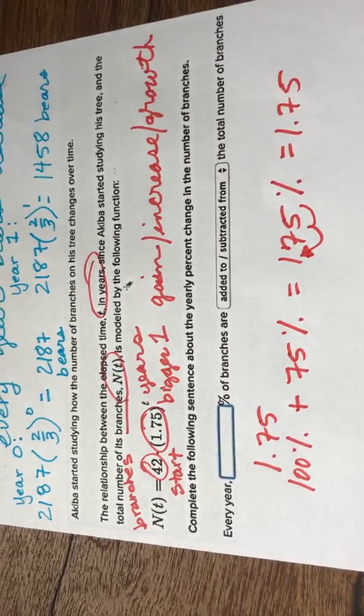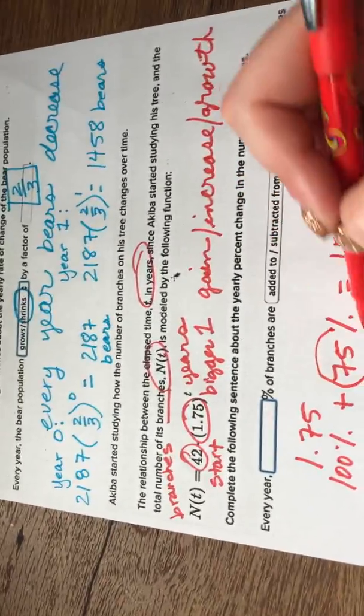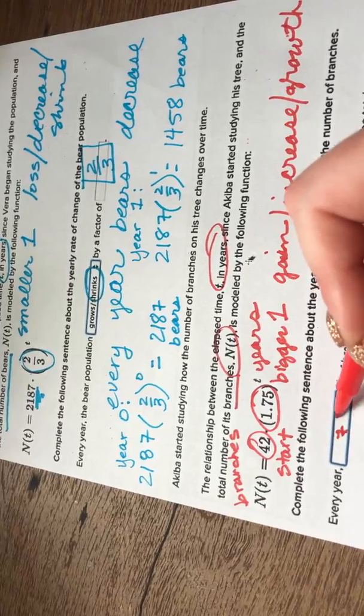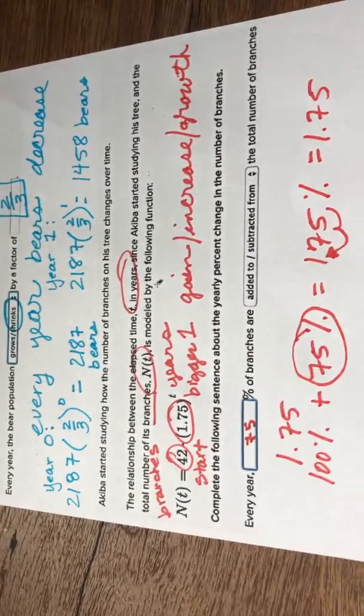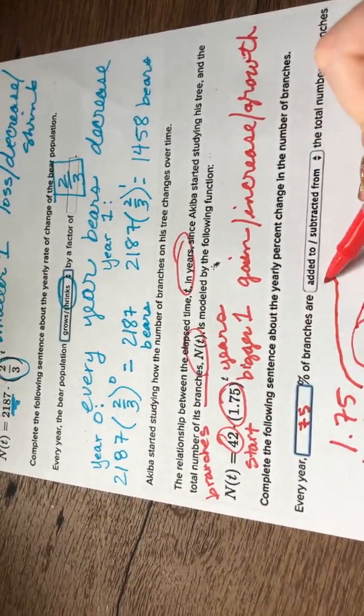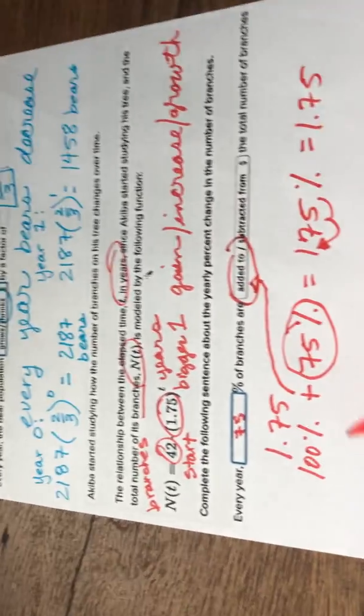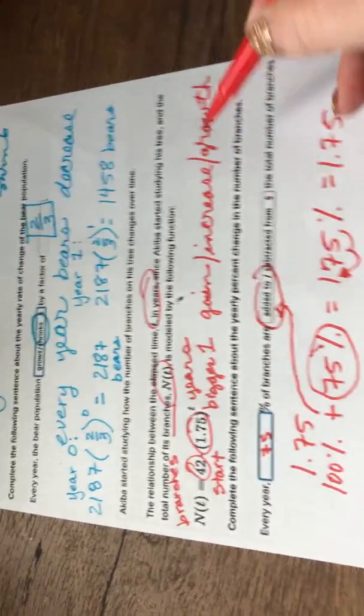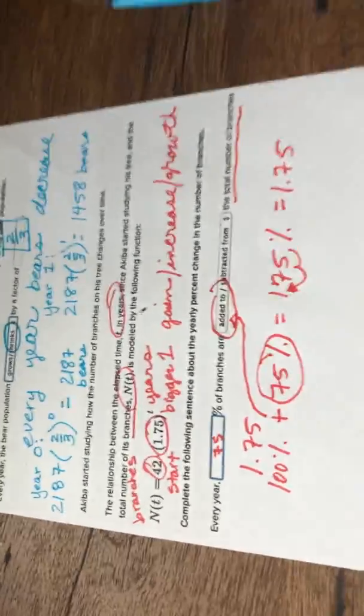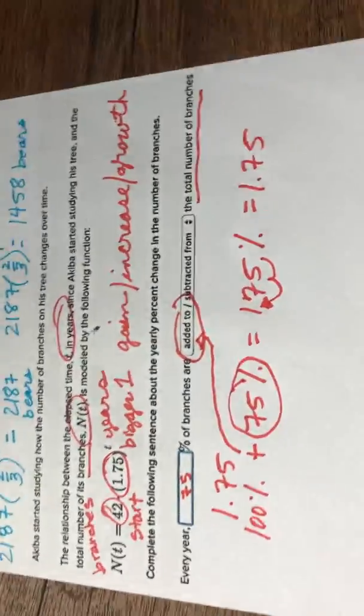Or every year, 75% of the branches are added, because of that plus sign, to the total number of branches. So this is just saying every year as a tree grows, there's more branches.